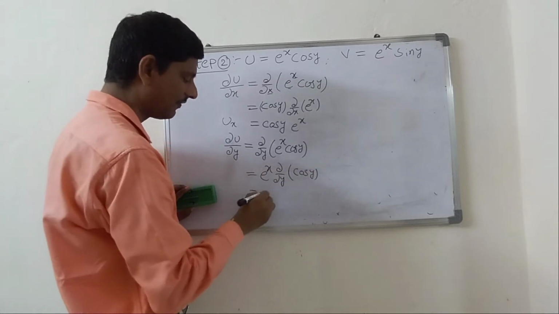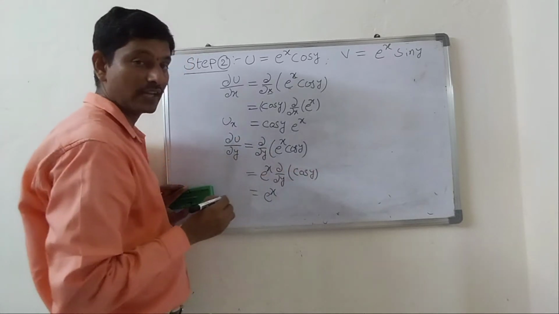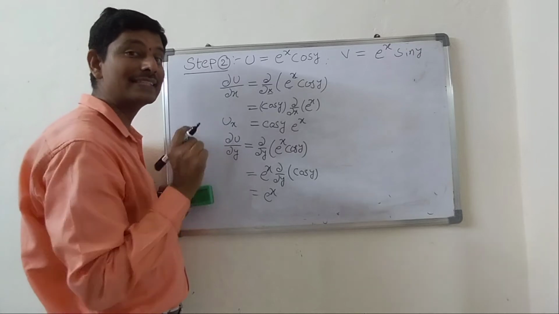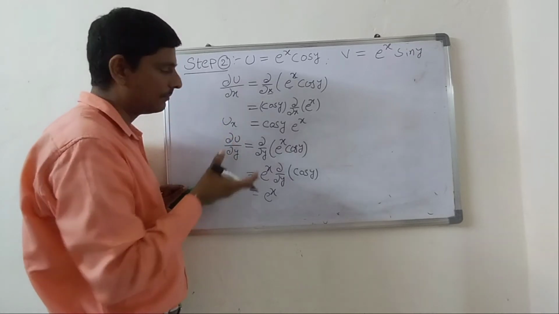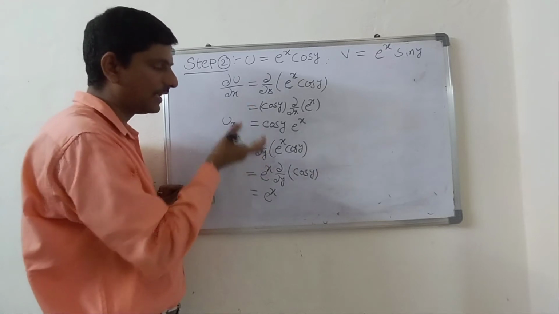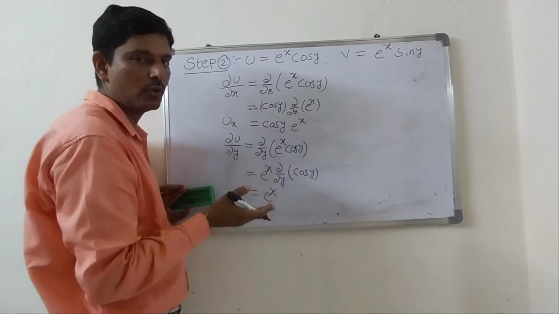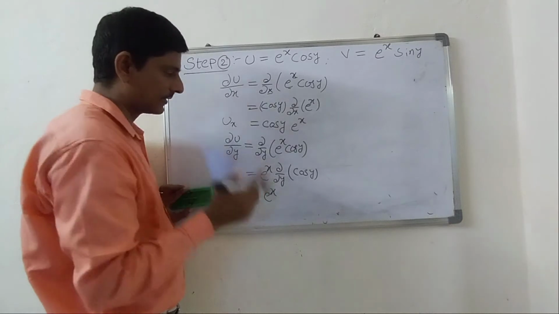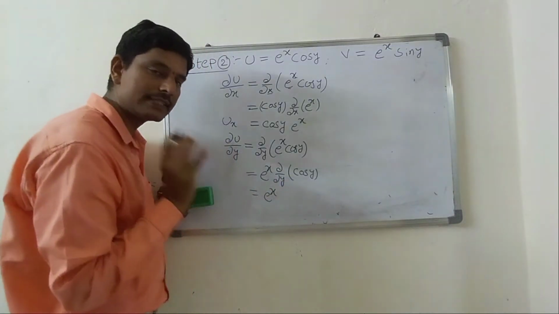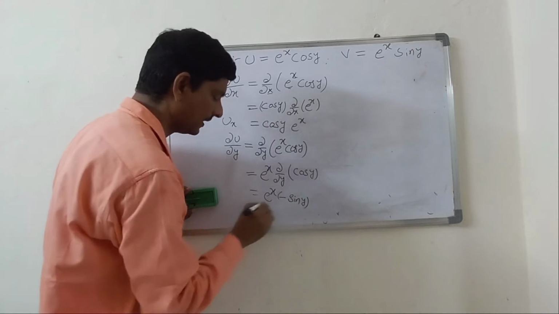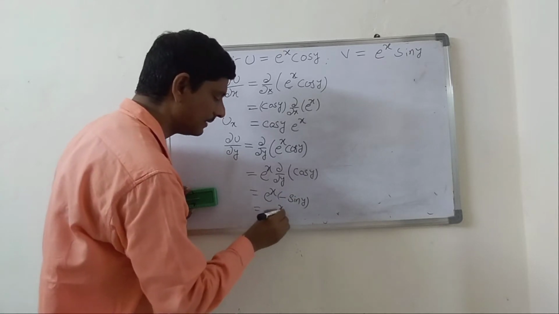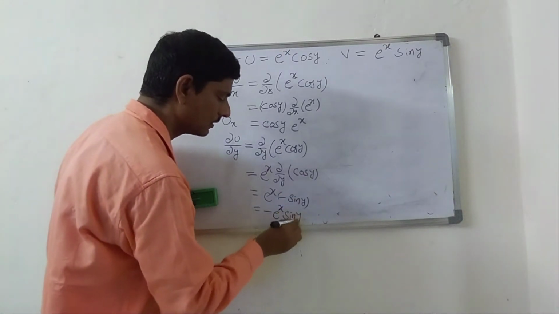What is the differentiation of cos function? Exactly, minus sin. Please remember, I am explaining the formula along with the problem. Cos differentiation is minus sin, so minus sin y. It can be written as minus e power x into sin y.